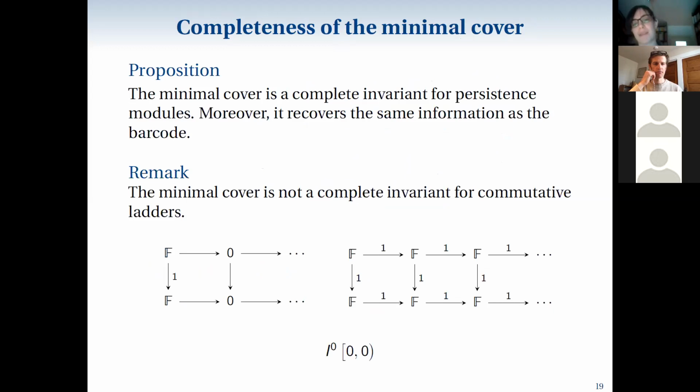This is because the minimal cover is very good at noticing when things start, either constructible things or homological things, but it's not really good at catching when they end. So for example, here I have a disk that stays just from here to here, and then I have a disk that stays forever. And in both cases, the minimal cover is actually this object here.